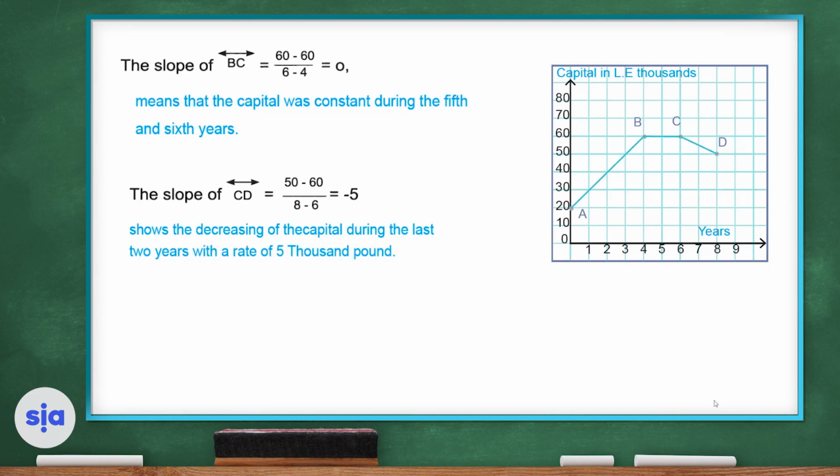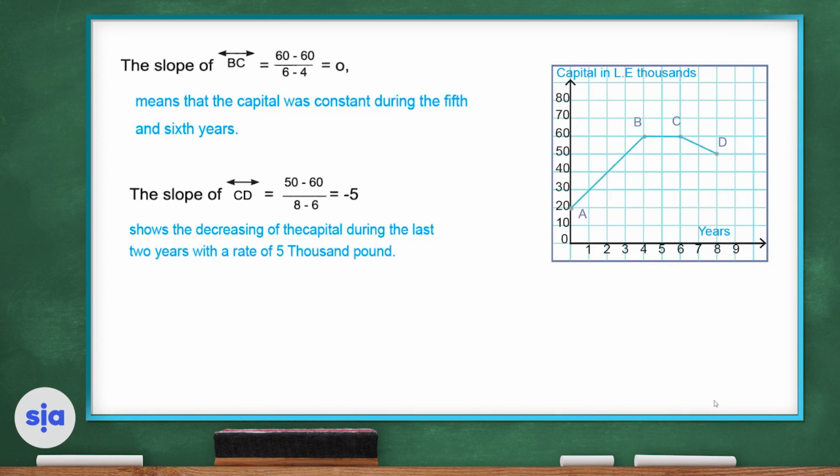The slope of BC will be 0. It means that the capital was constant during the 5th and 6th years. And the slope of CD is -5. This means that the capital is decreasing during the last 2 years with a rate of 5,000 pounds.